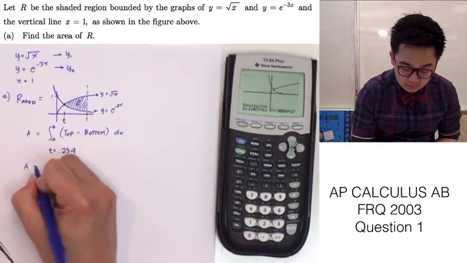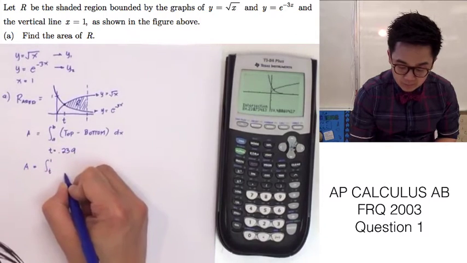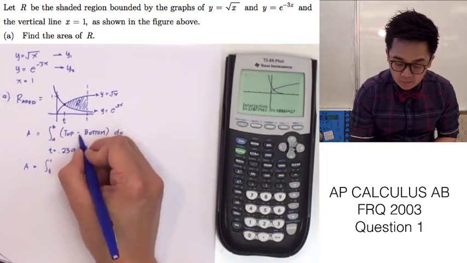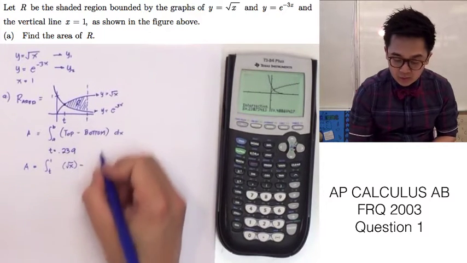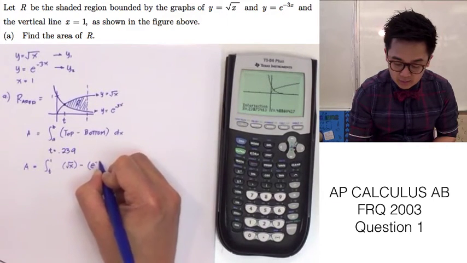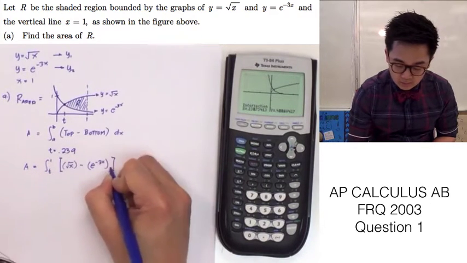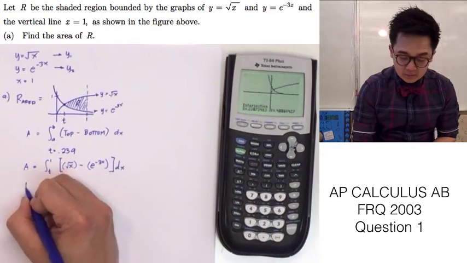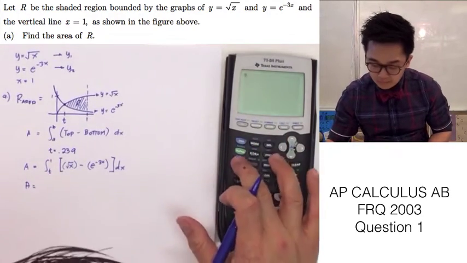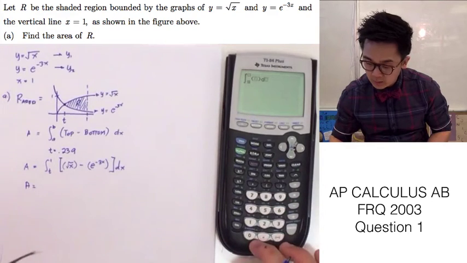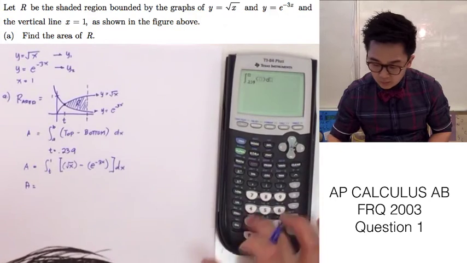So the area is equal to the integral from t up until 1 of the top function, which is square root of x, minus the bottom function, which is e to the negative 3x, dx. Using our calculator, math 9, t is 0.239 all the way to 1.